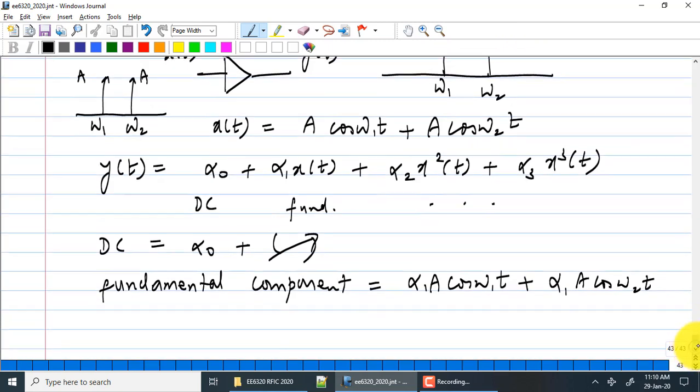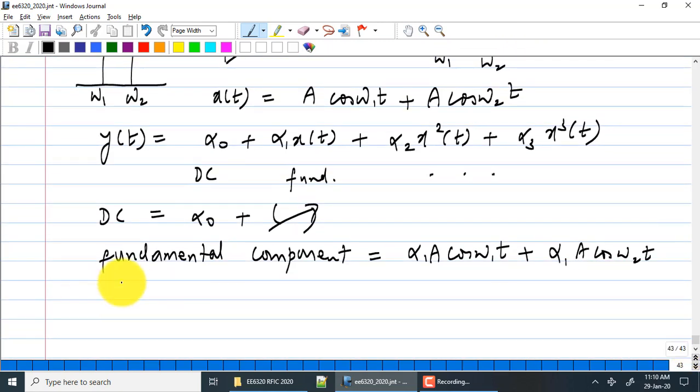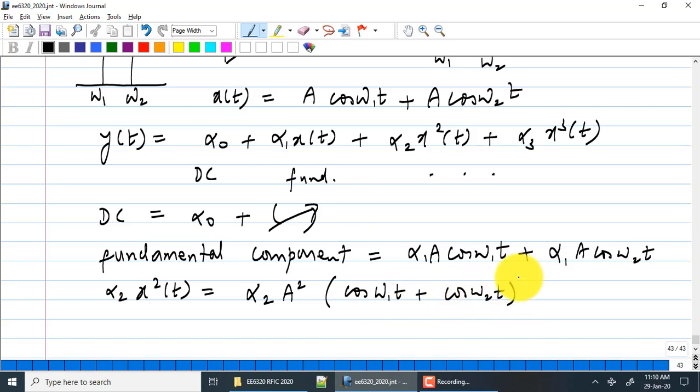Okay. Now let us look at alpha 2 x square of t. Well, alpha 2 into A squared into cos omega 1t plus cos omega 2t, the whole square.